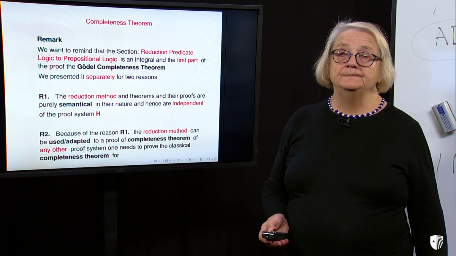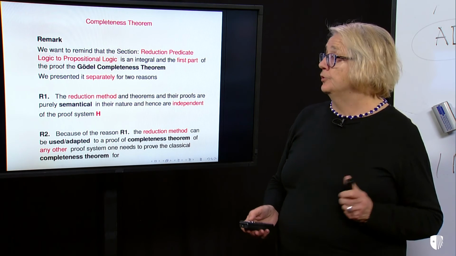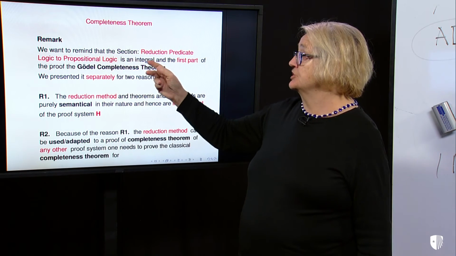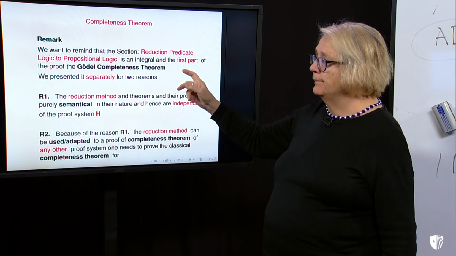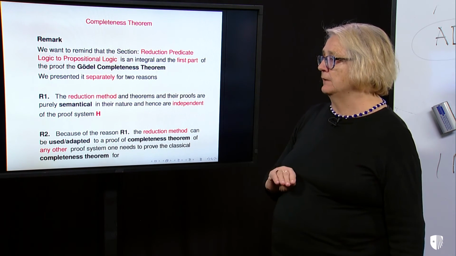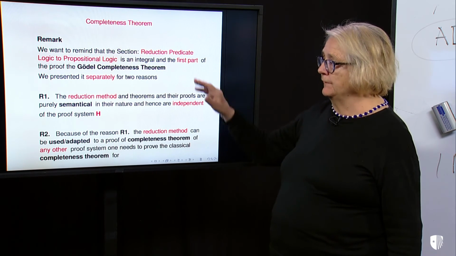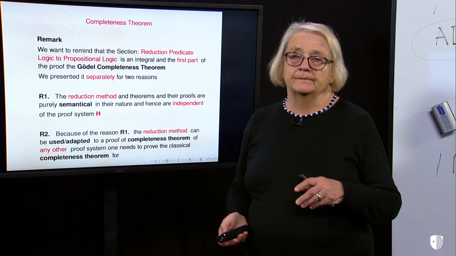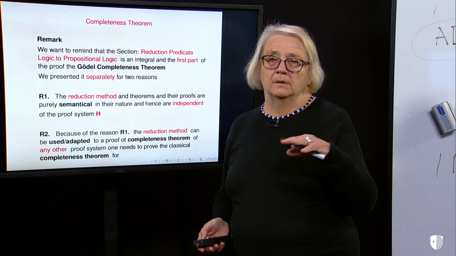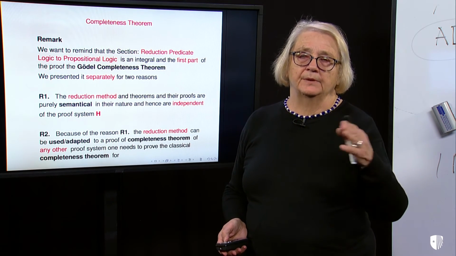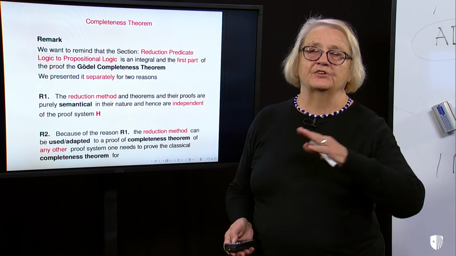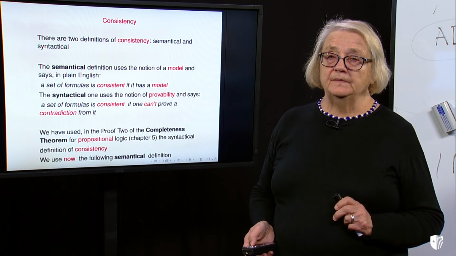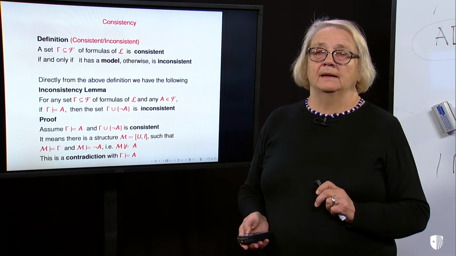And then we want to remind you that reduction to propositional logic is an integral part of the first part of the proof of the Gödel completeness theorem. Here we do it separately because it's just easier, let's put it like that, and I will explain why.